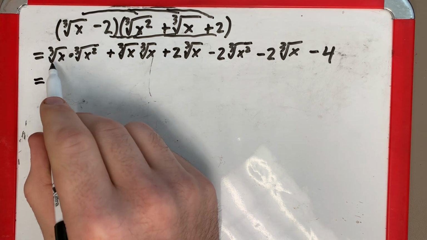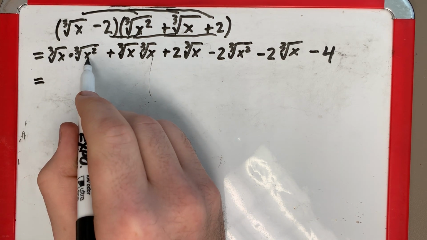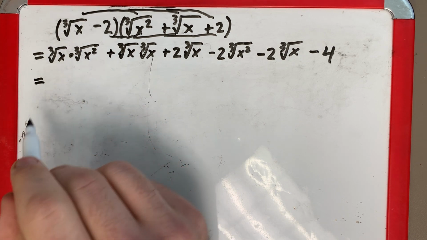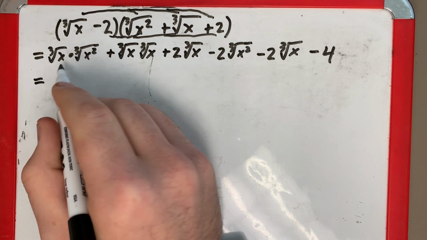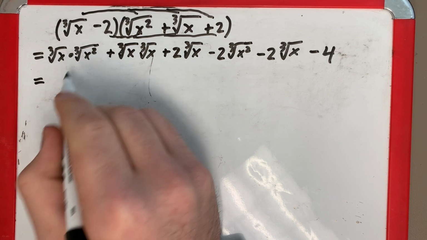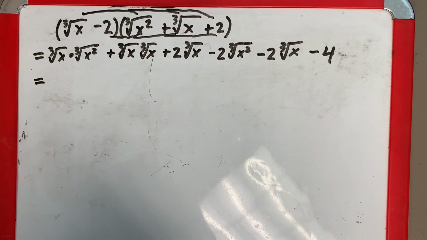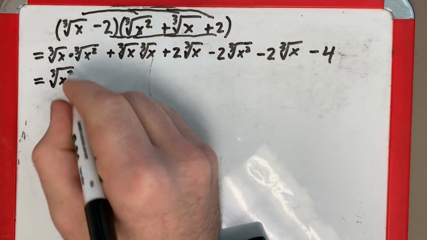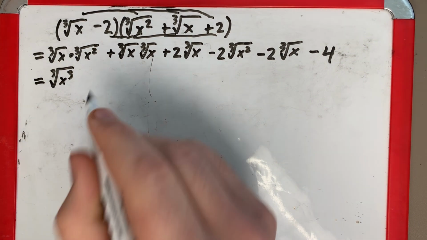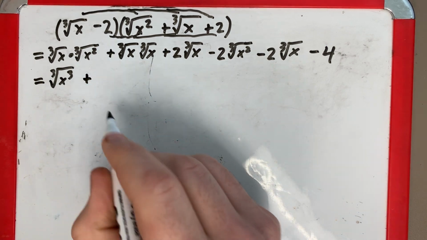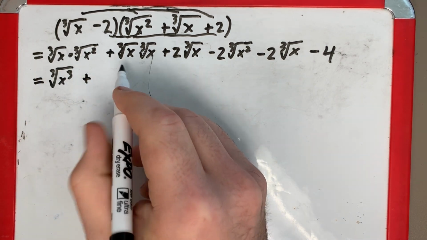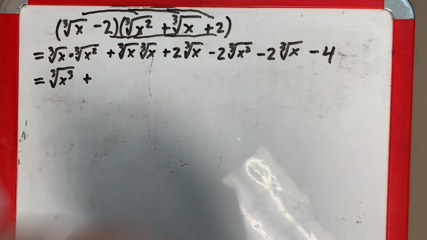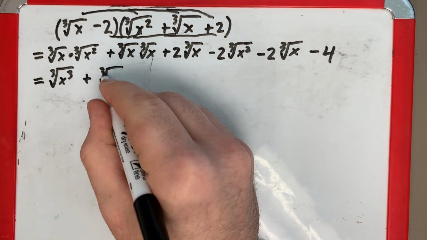In this case, now we're looking at cube root of x times cube root of x squared. They have the same radical, so I can combine them all under one roof, which is awesome, because I notice that I have an x and an x squared, and that gives me an x cubed inside the root. So we have root x cubed, and those will cancel in the next step. But might as well deal with everything else so we can keep this equality true. So I have a cube root of x times a cube root of x in this term. When I combine those all under the same roof, I have cube root of x squared.